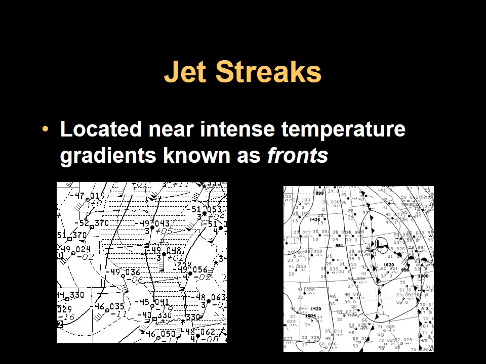So we'll find these strong jet streaks wherever you have a very strong temperature gradient, because that's what the thermal wind says. Where you have a strong temperature gradient, you have a strong wind aloft. The location of the strongest temperature gradient in our atmosphere is in regions called fronts.